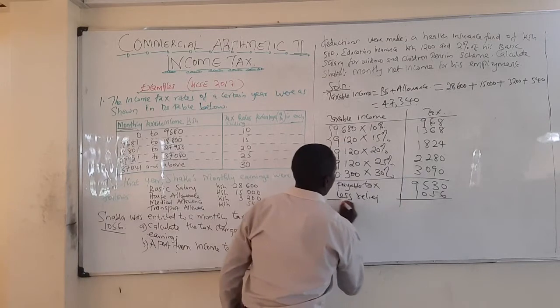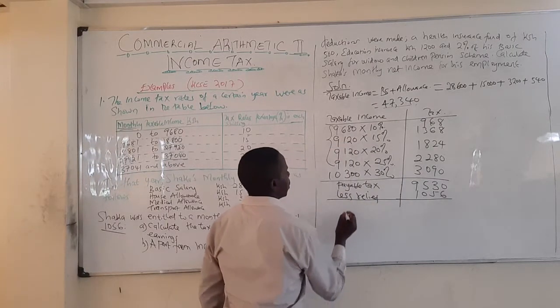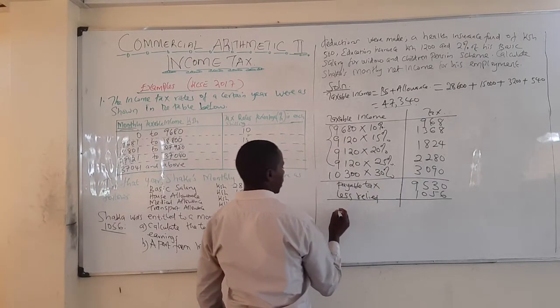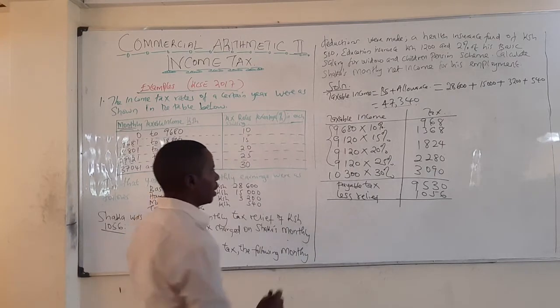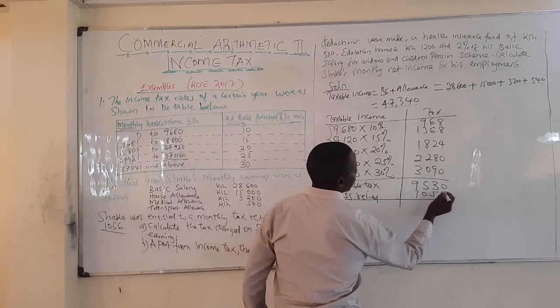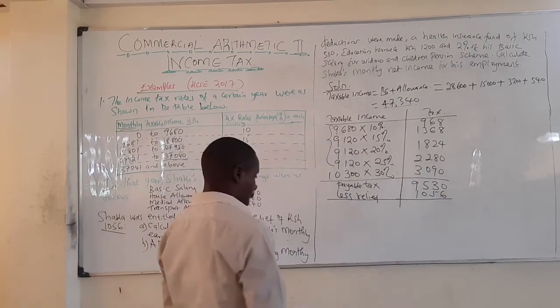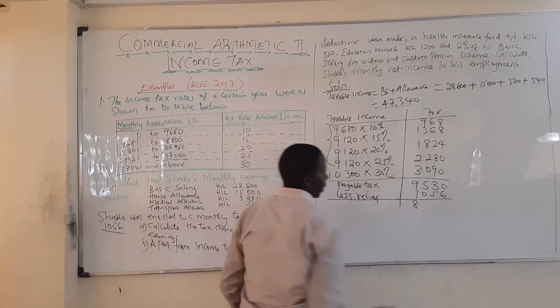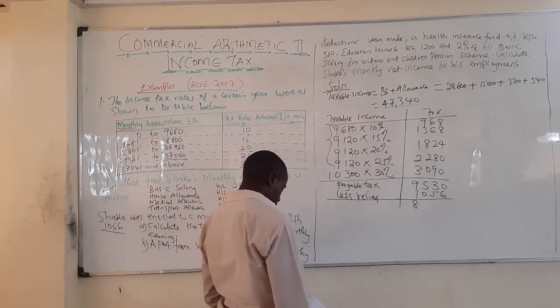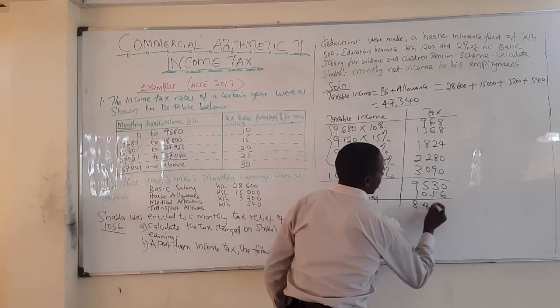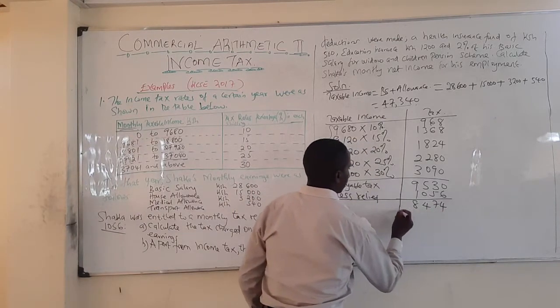Then we now get the income tax. So when you know that, we're going to get 8,474.